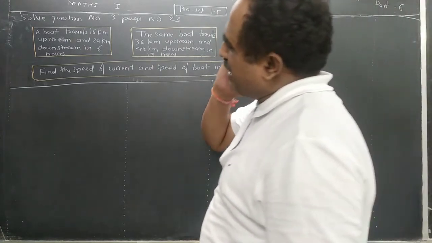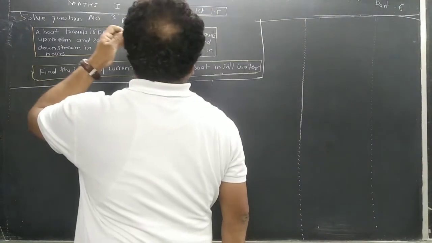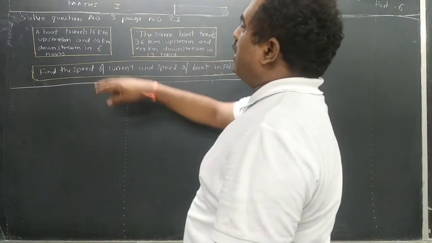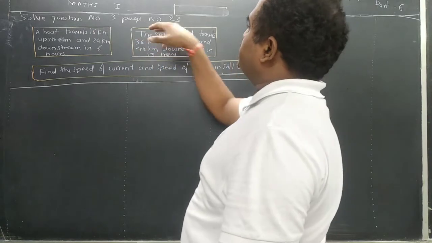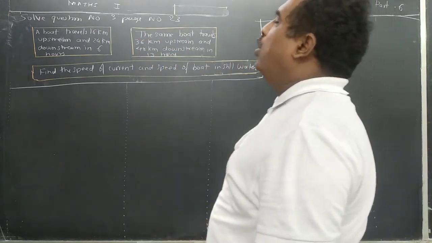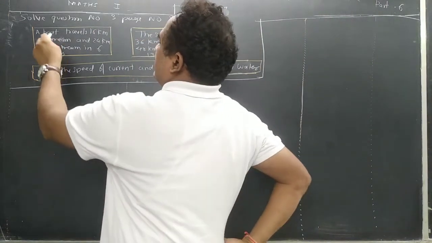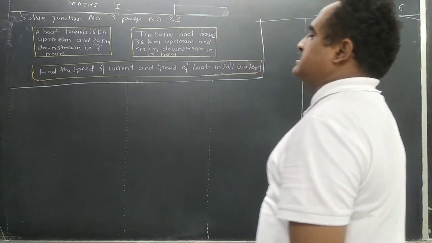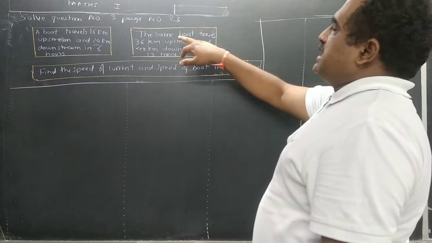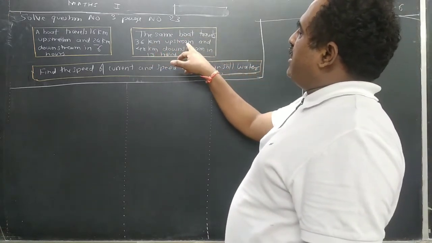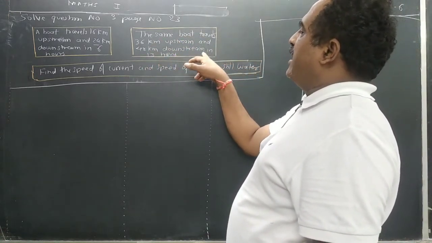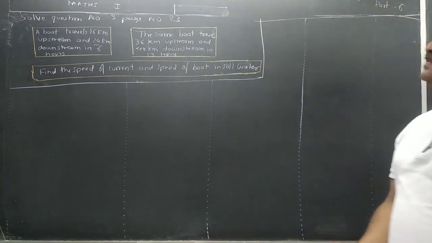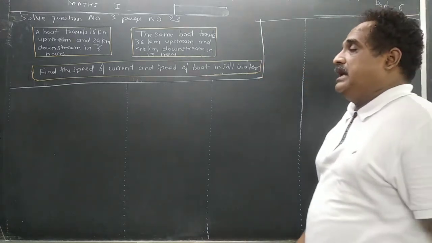We are going to do one more solved question because the problem set is finished. Solved question number 3 on page number 23. A boat travels 16 kilometer upstream and 24 kilometer downstream in 6 hours. The same boat travels 36 kilometer upstream and 48 kilometer downstream in 13 hours. Find the speed of the current and speed of the boat in still water.